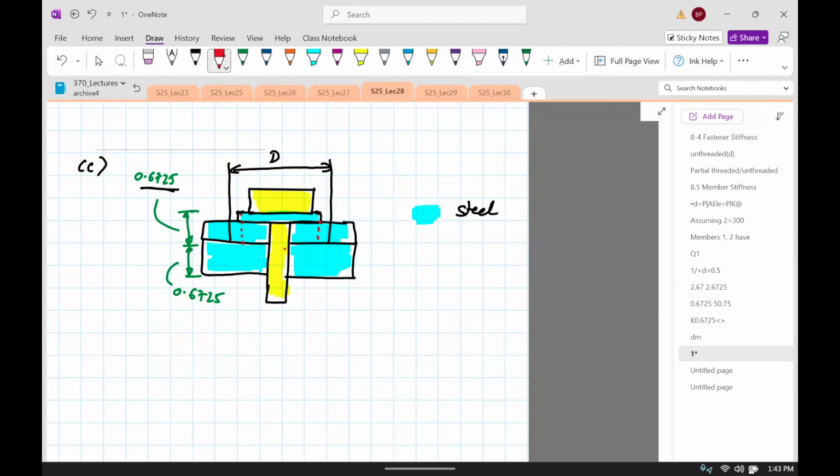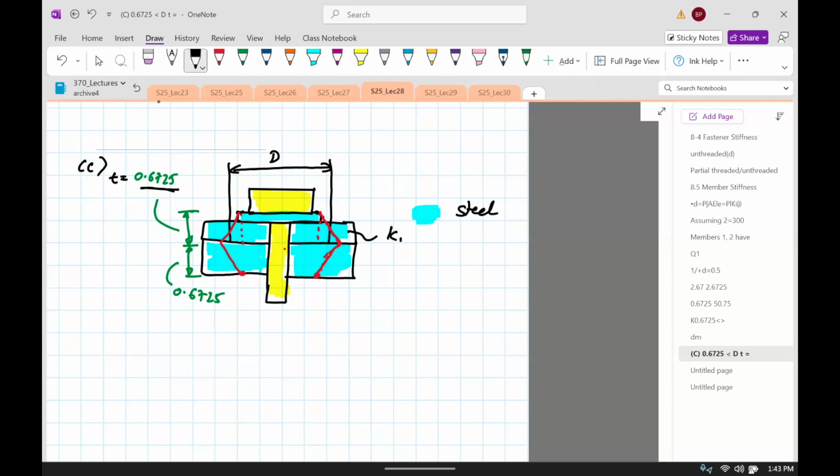Now the frusta is going to be like this. Just be mindful that it should end here. Okay, so the thickness of the frusta is T.